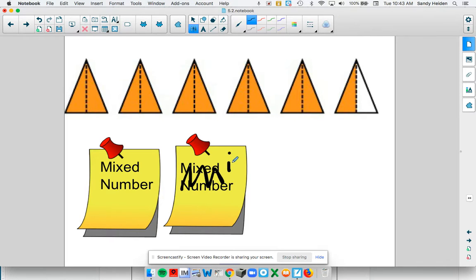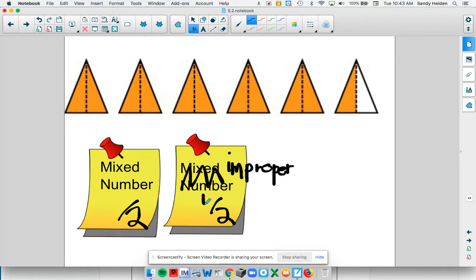Try that one. Two pieces in each one. Let's do improper first this time. Count all the pieces. I might count by twos because that's full. 2, 4, 6, 8, 10, 11.